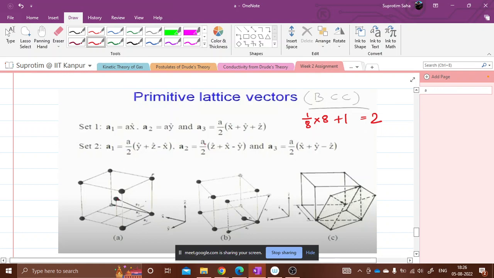Along A2, that means along a y cap, you go along this, the whole of it. And now along A3 you have to go half of all the directions. So along this, along this, and along this. If you define the lattice translational vectors like this, you can have one primitive unit cell.